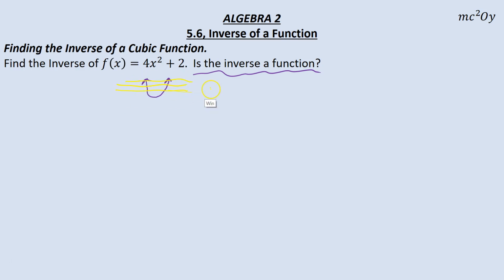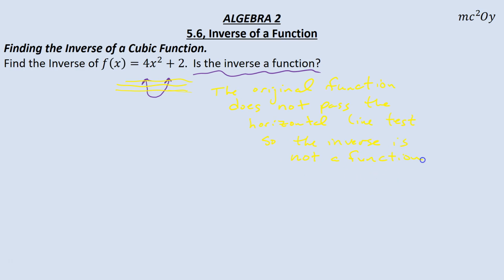And the answer is, the original function does not pass the horizontal line test, so the inverse is not a function.